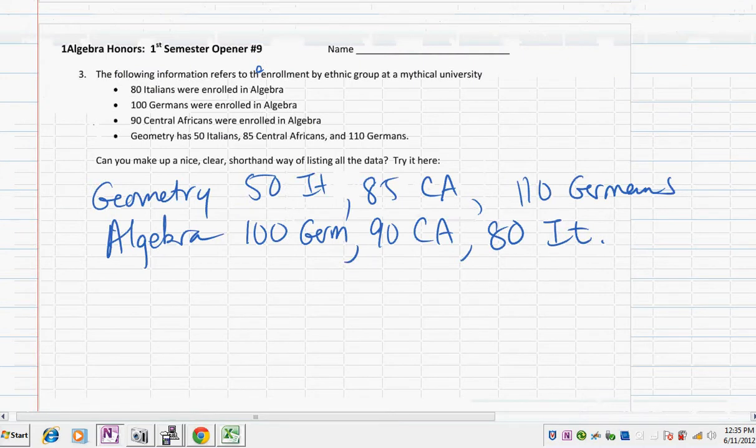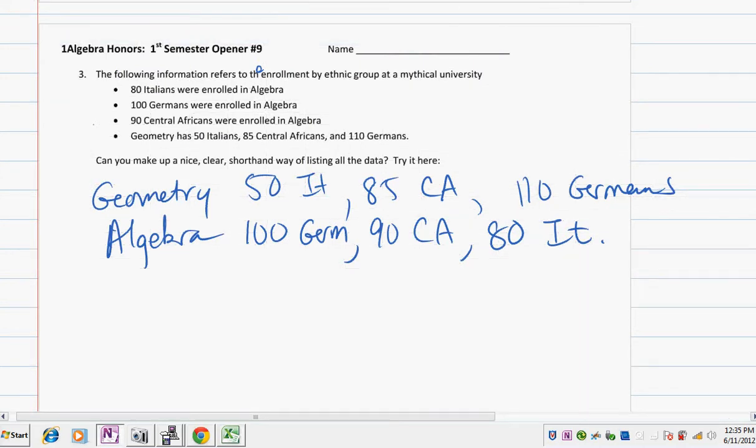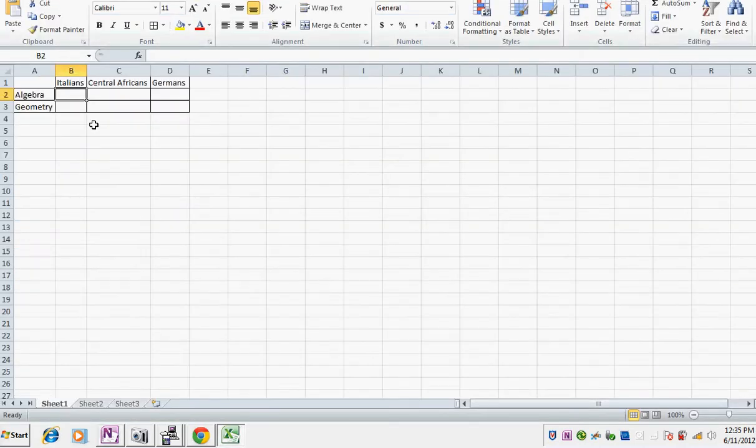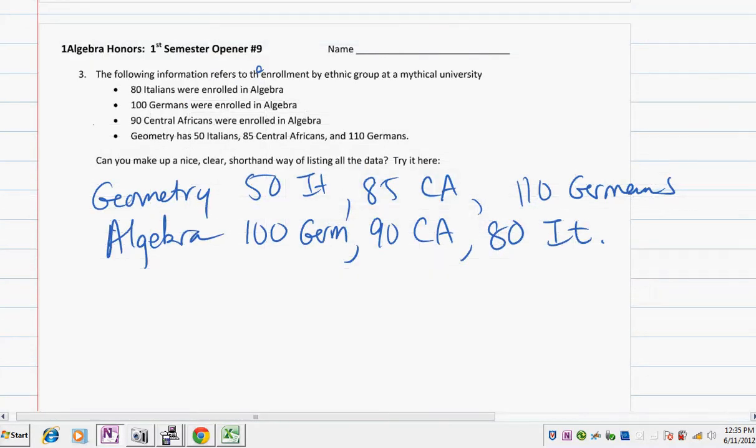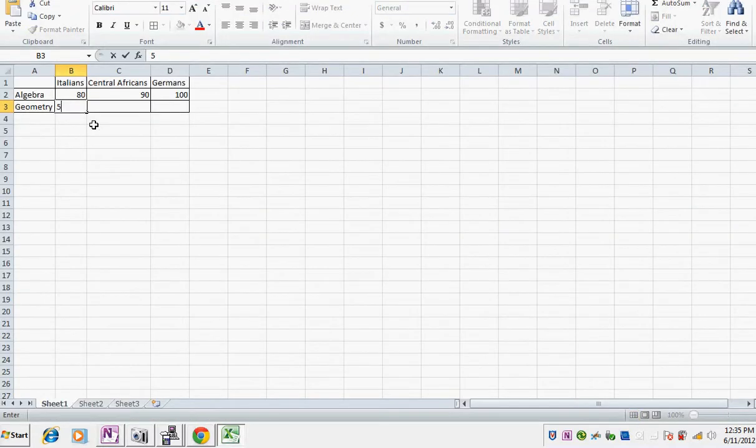I have 80, 100, and 90. Or 80, 90, and 100. And I have 50, 85, and 110. Or you could have decided you wanted to organize it the other way, where you have algebra and geometry here.